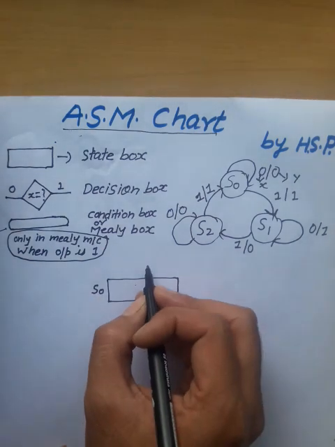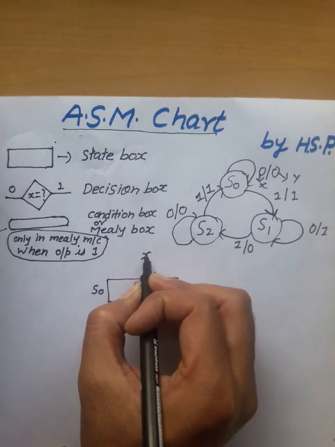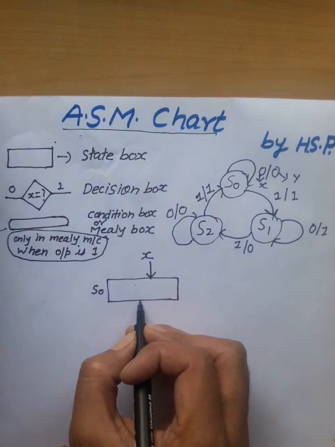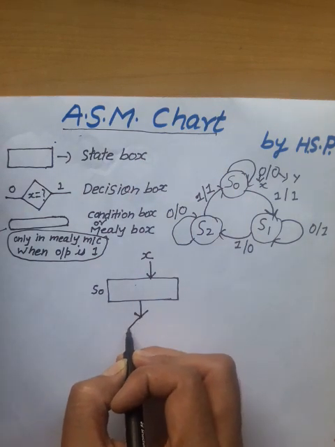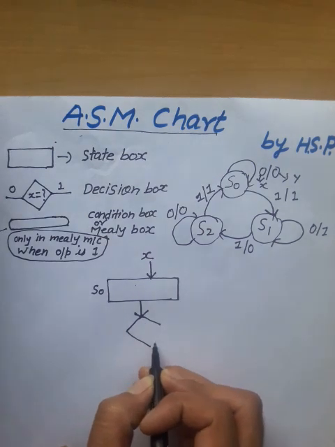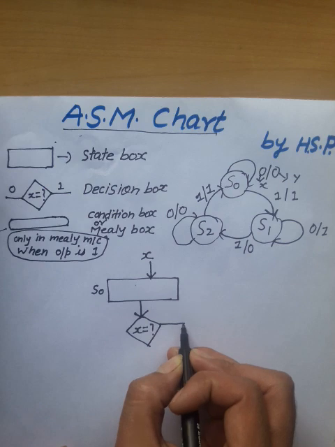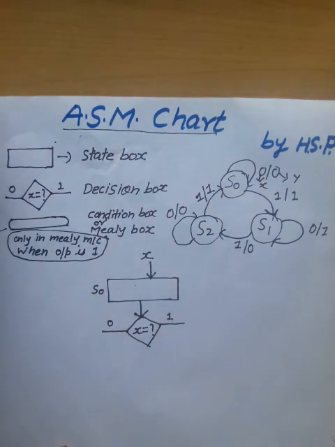Now we will give input X. This is your control line, or you can say input. Now we will check the condition. What is the value of X? Now there are two possibilities, either 0 or 1.